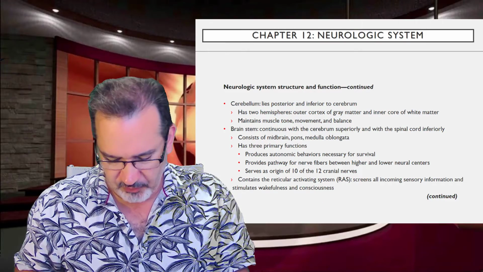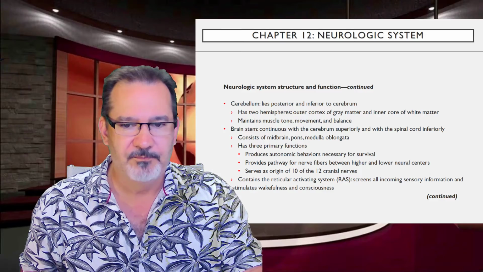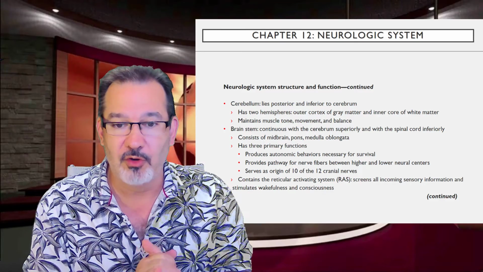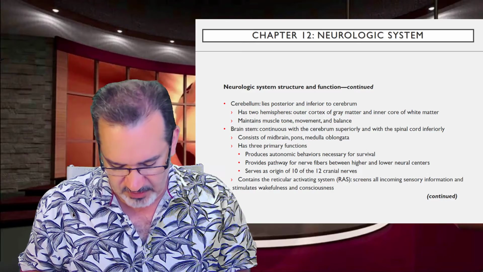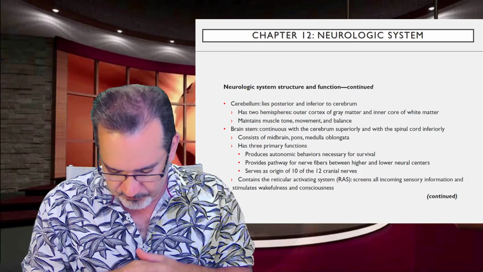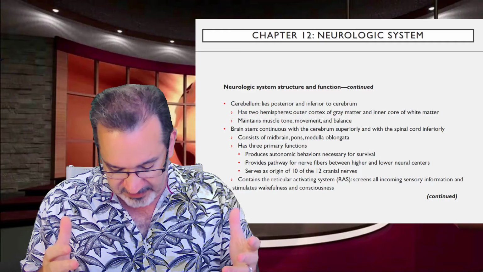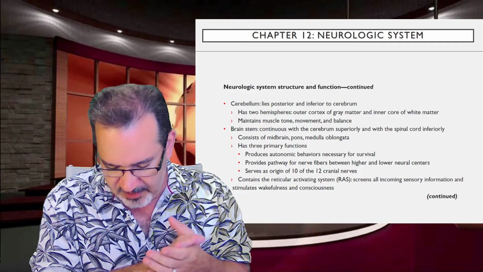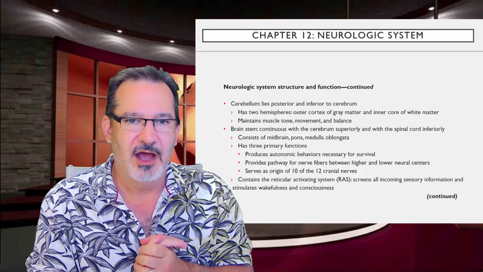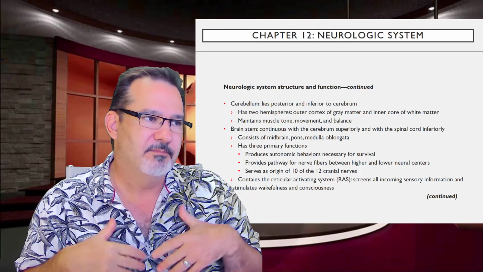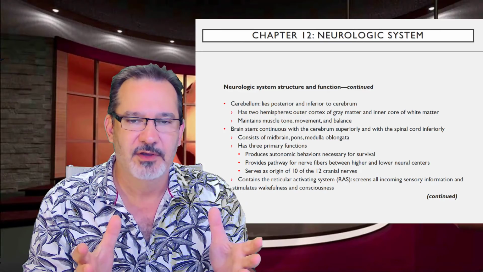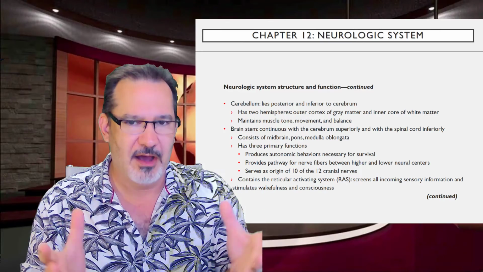The cerebrum has two hemispheres, with an outer cortex of gray matter and an inner cortex of white matter. So what do those do? Gray matter is unmyelinated nerve cells, and a myelin sheath is a protective outer coating.